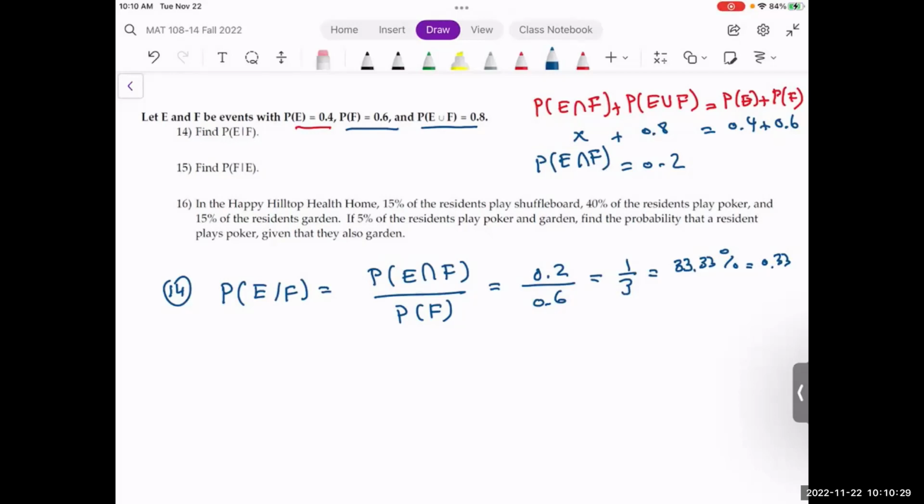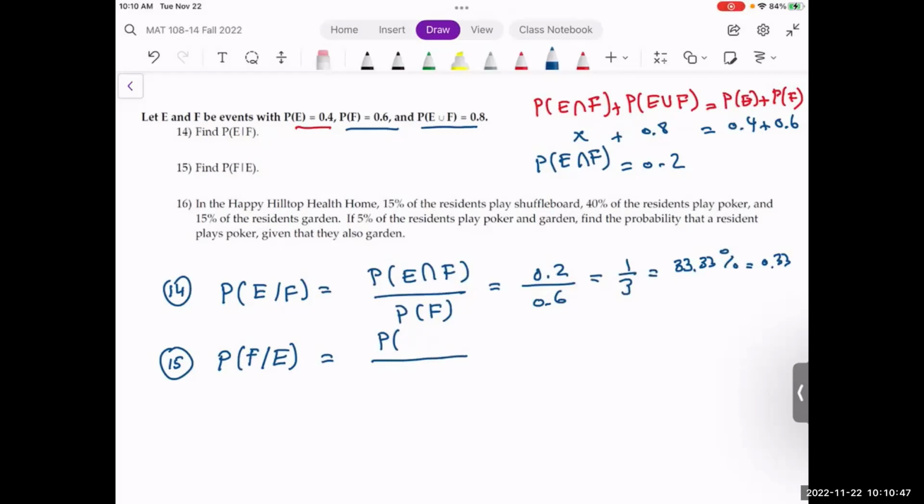Hopefully not. Number 15. The probability of F given E right now. I'm going to use exactly the same formula, so probability of E and F, or F and E, doesn't matter really.